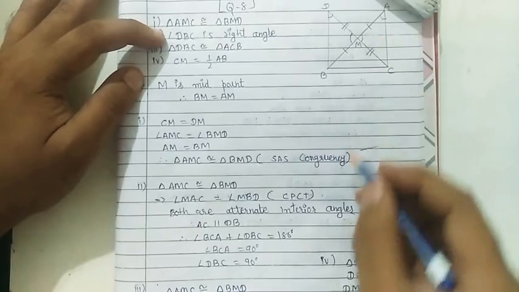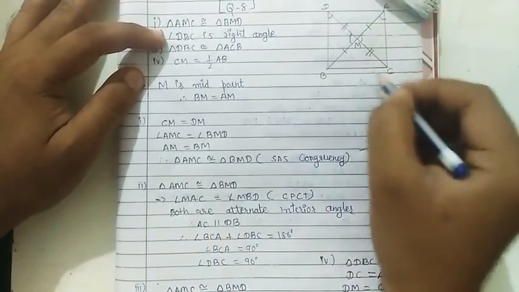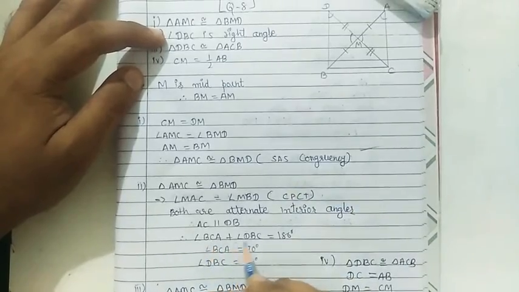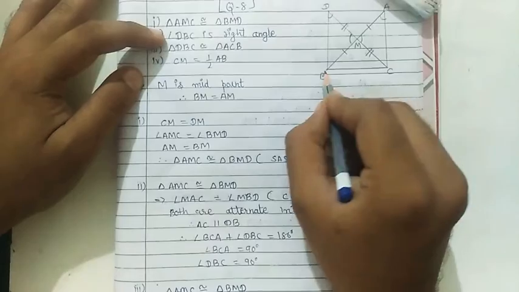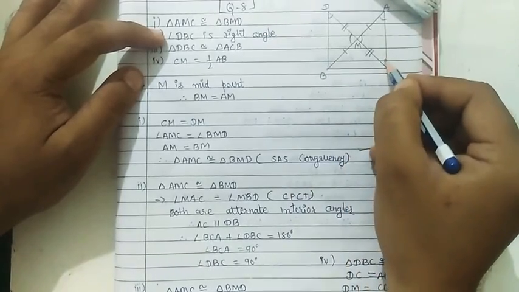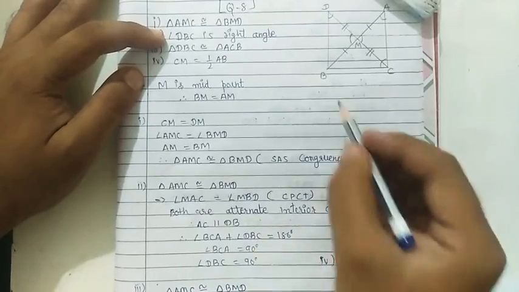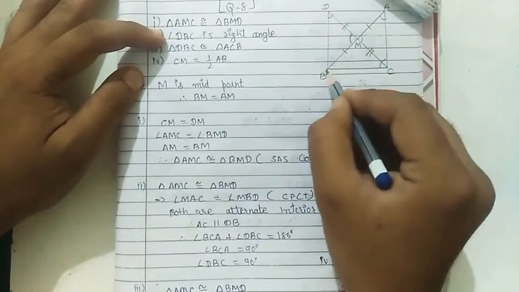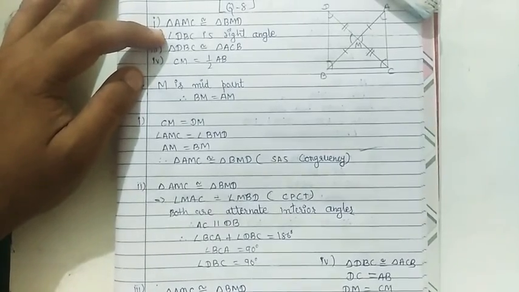If we take the Z, so both are alternate. Now AC is parallel to DB, so BCA plus DBC is equal to 180. BCA, where is BCA? BCA means this angle plus DBC, addition of these two angles is equal to 180 degree.